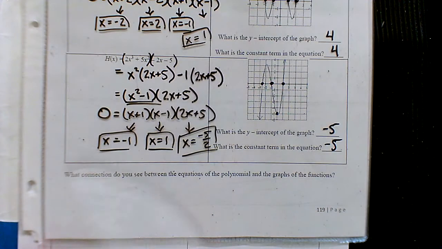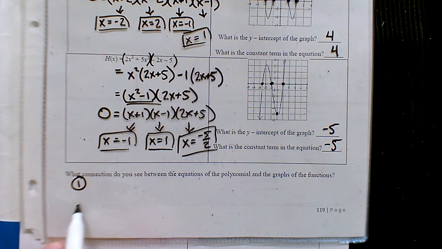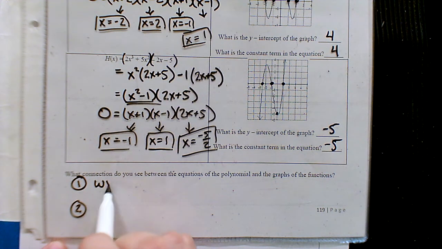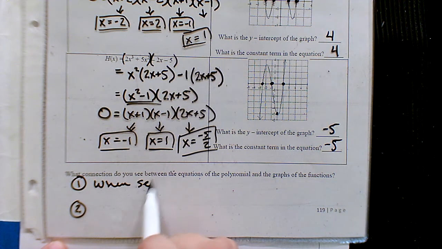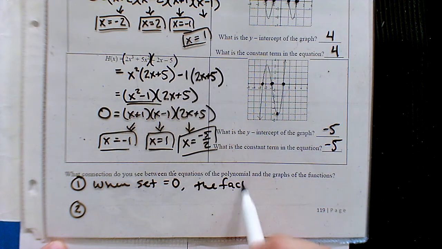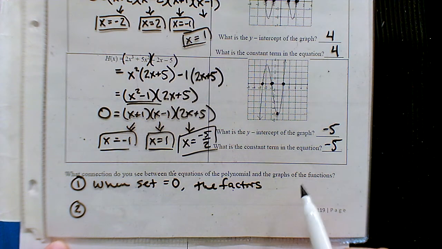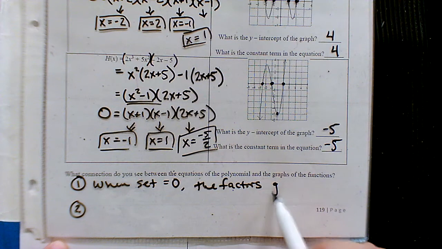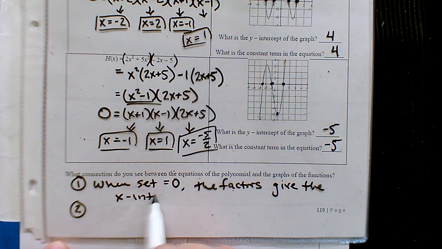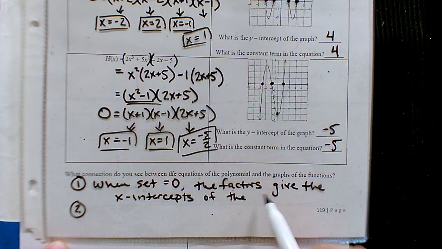So we're just going to jot down those 2 ideas at the bottom of the page. So we'll say, when set equal to 0, the factors give the x-intercepts of the graph.